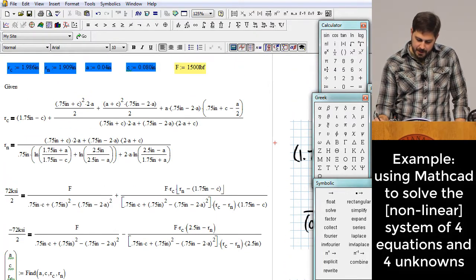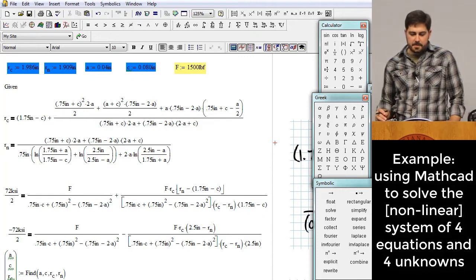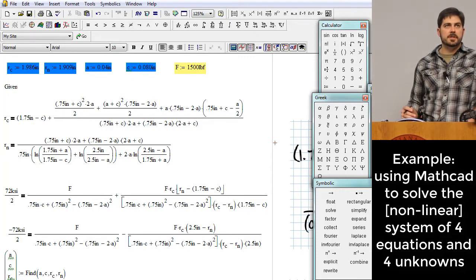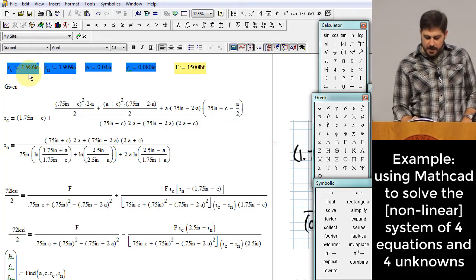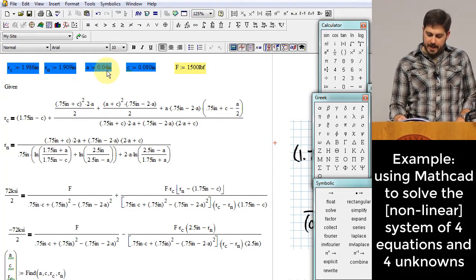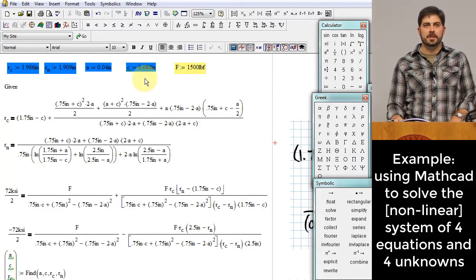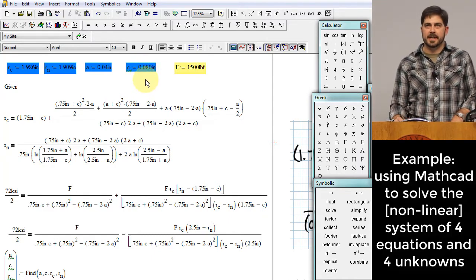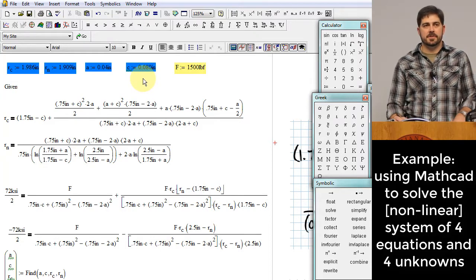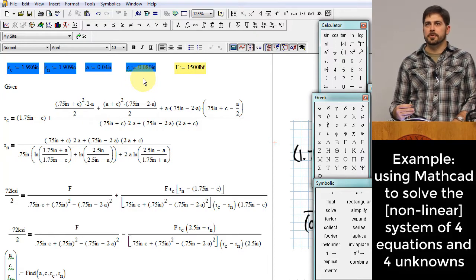Okay, what we do at the very beginning is we define some things, and one of the things that you will notice is that I pick some fairly close initial guesses. Okay, this is important in this kind of a problem. Why do you think that is? So the way that MathCAD works is it's kind of a sophisticated guess and check. Some of you are familiar with a Newton's method type of approach.